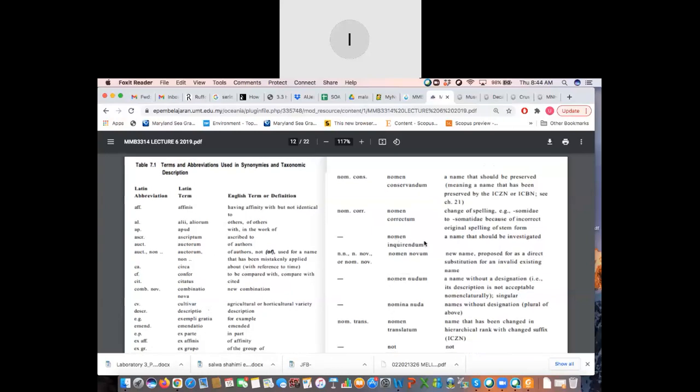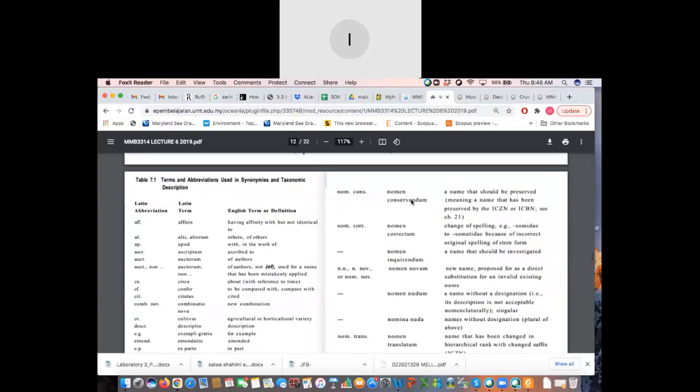Nomen inquirendum is sometimes a species that needs to be further investigated. Why this happens sometimes is because the material was not found, or the species was damaged, and so on, and it has a bit of complications, so you might find nomen inquirendum.